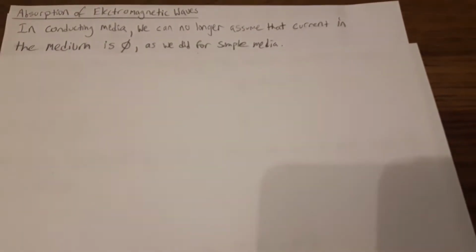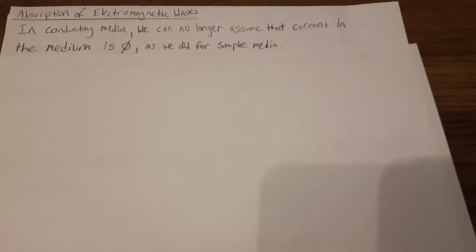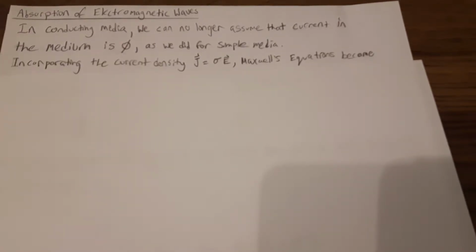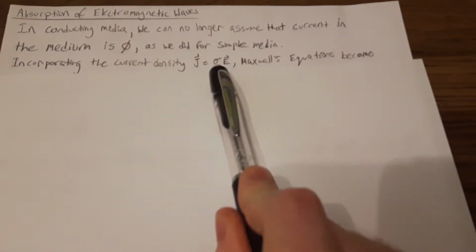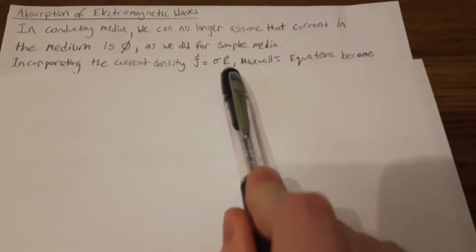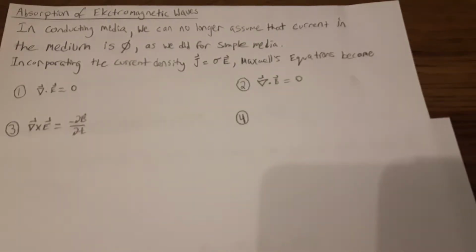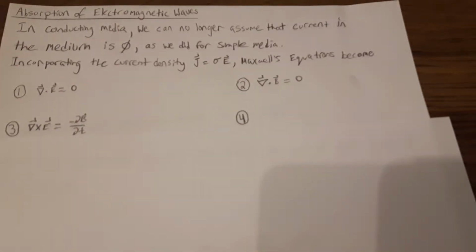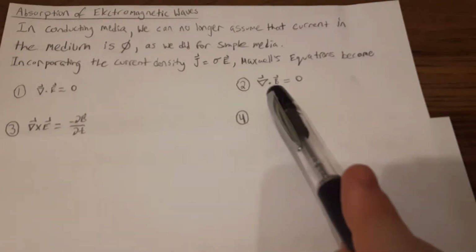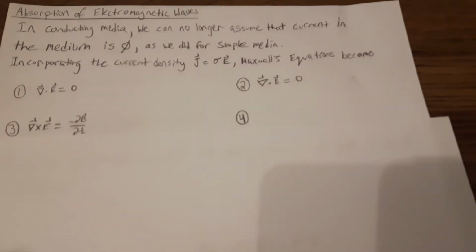I'm now going to switch gears and talk about the absorption of electromagnetic waves. So in conducting media, we can no longer assume that the current in the medium is zero, as we did for simple media. Incorporating a new current density term, represented by J, equal to the conductivity sigma times the electric field, three of Maxwell's equations stay the same: the divergence of the electric field, the divergence of the magnetic field, and the curl of the electric field.